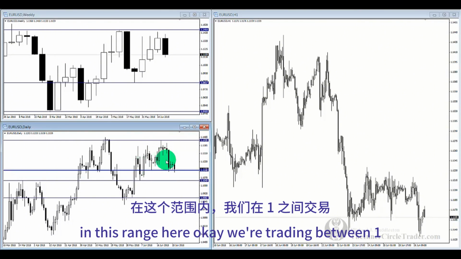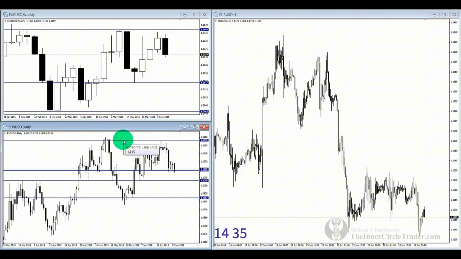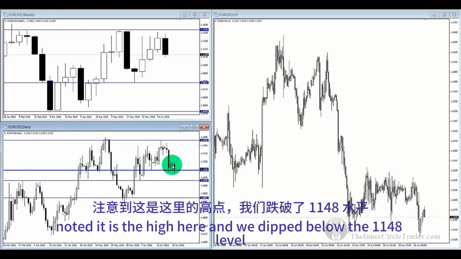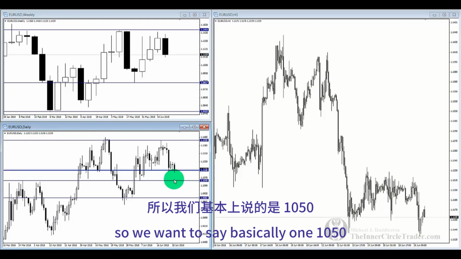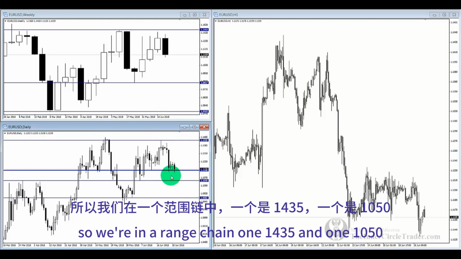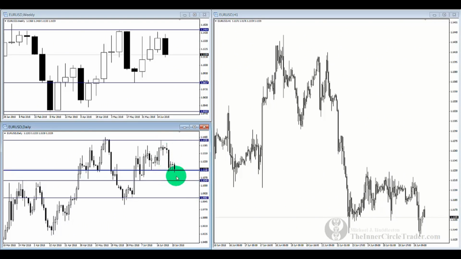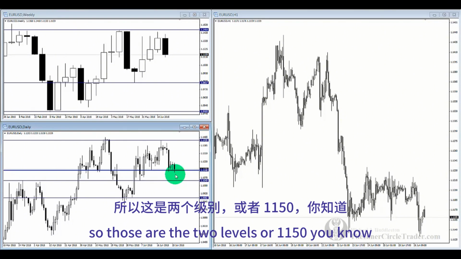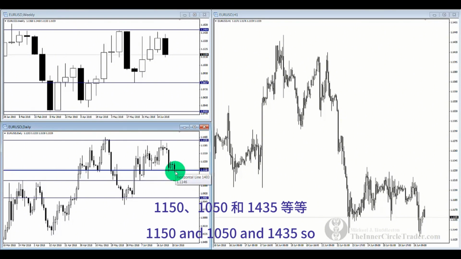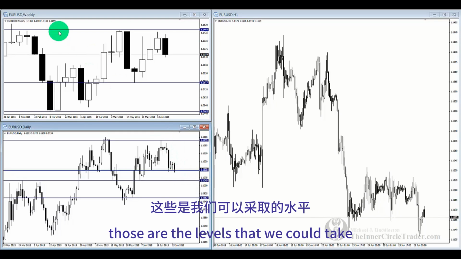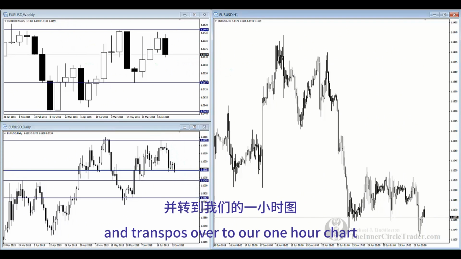In this range here, we're trading between 114.35, noted as the high here, and we dipped below the 114.8 level, so we want to say basically 110.50. So we're in a range between 114.35 and 110.50. So those are the two levels that we could take and transpose over to our 1 hour chart.